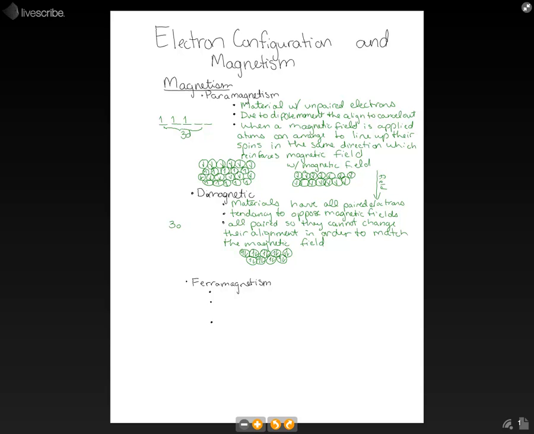And an example of a 3D orbital that would be like this is when all of them are full. So you have an up and a down in each one. And we're looking mostly at these d orbitals. Those are the ones that make the most difference in magnetism.